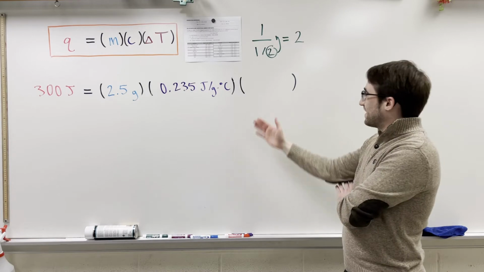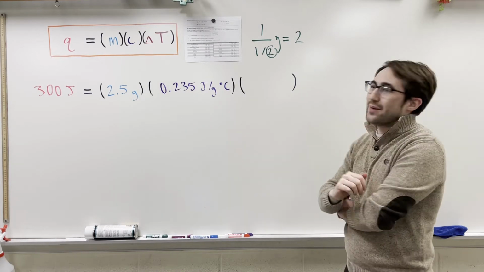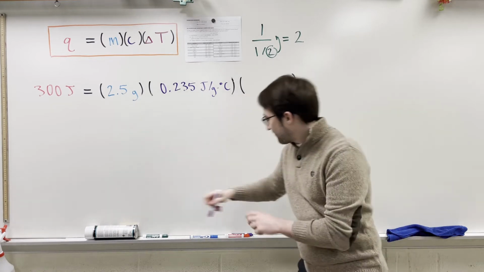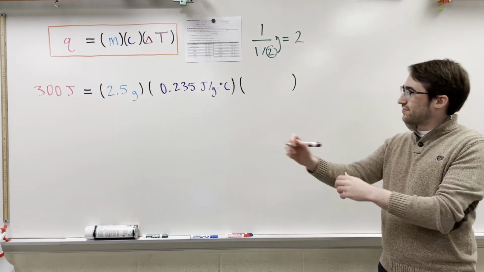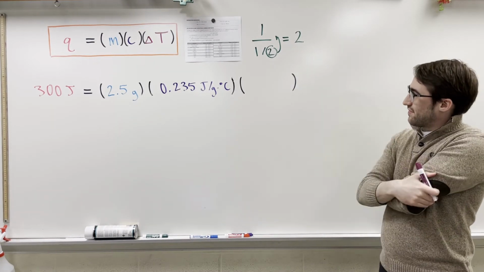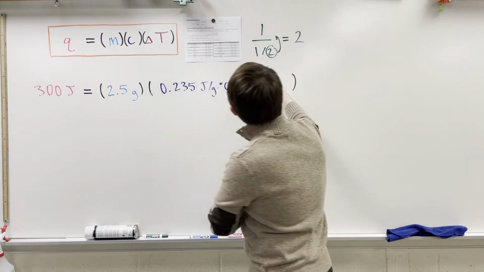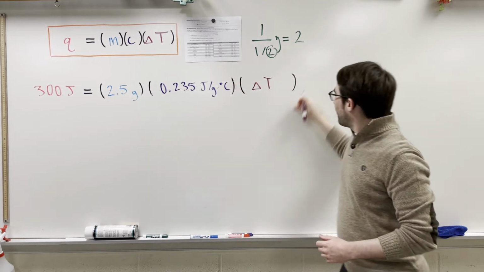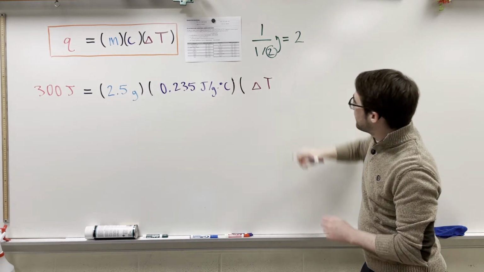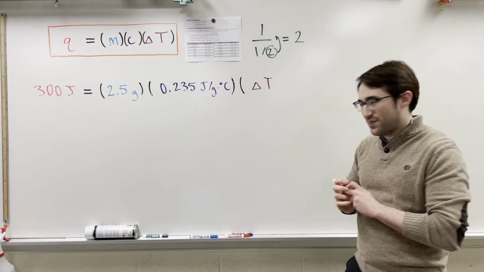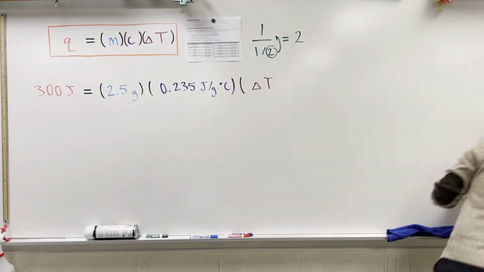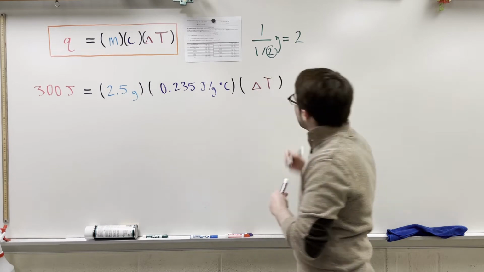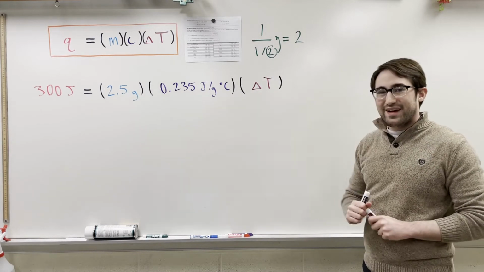Okay, so the thing I'm missing is the temperature change. How much is the temperature increasing or decreasing by? So in order to figure out what the change in temperature is going to be, I need to get this delta T alone.